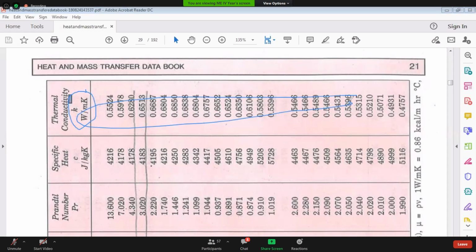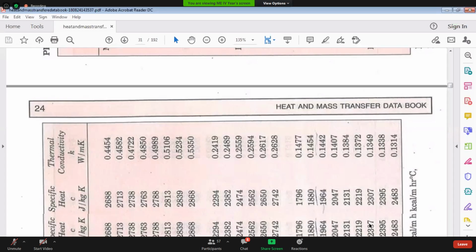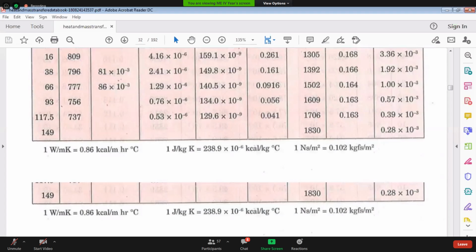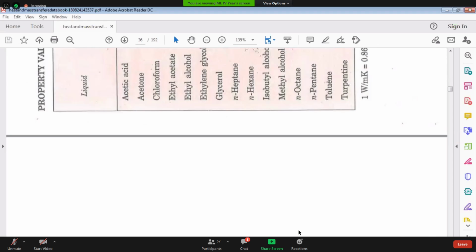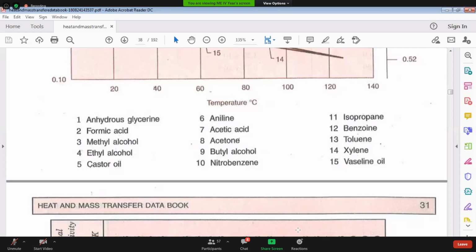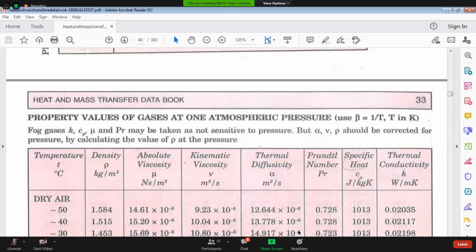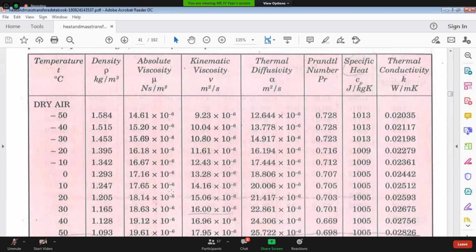If you have the book with you, you can take this. Next, if I go to steam and dry air, vapor, all those properties, the solid, liquid, and gaseous phase properties, you will get here. Keep dry air in mind. In convection, most of the problems will be done with the help of air only.